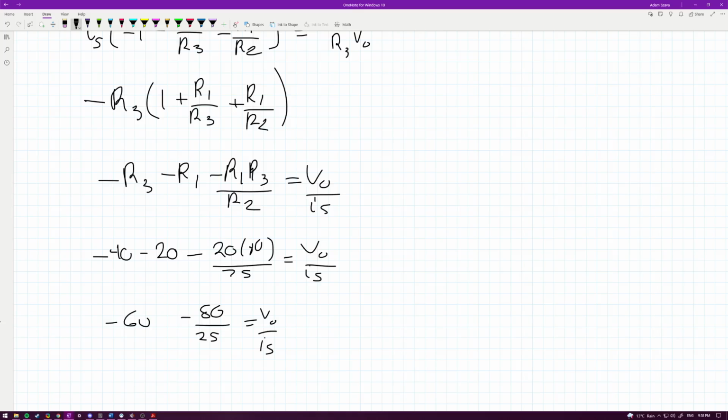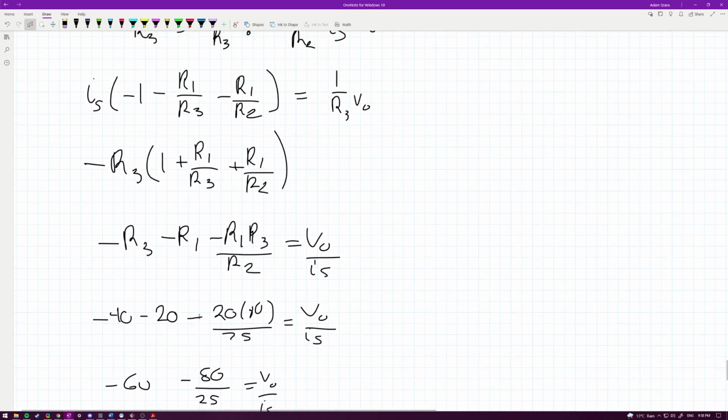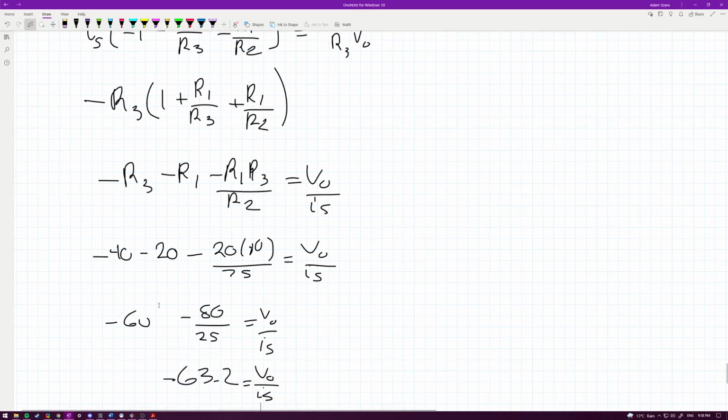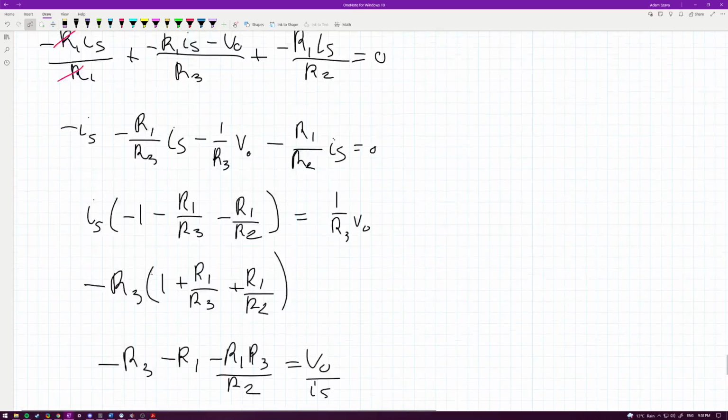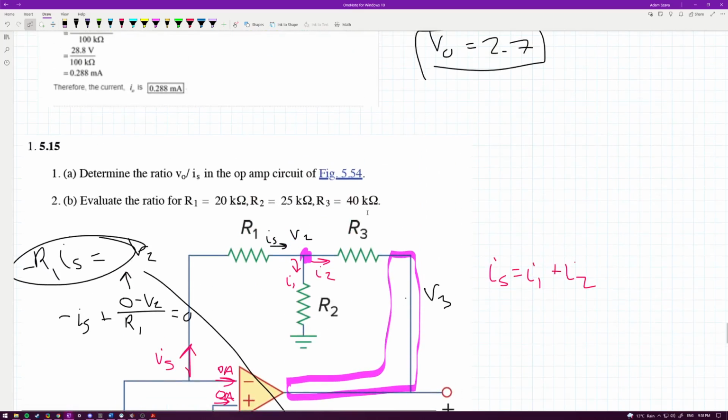Okay, so then I got my answer for B is negative 63.2. Is that right? They got negative 92. I might have just done something. Negative 92K ohms. Are these all kiloohms?